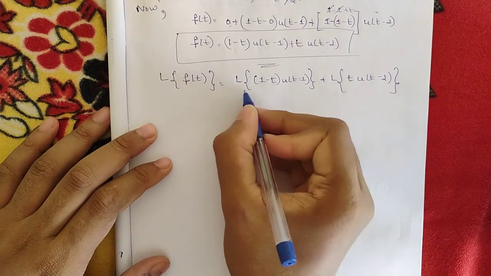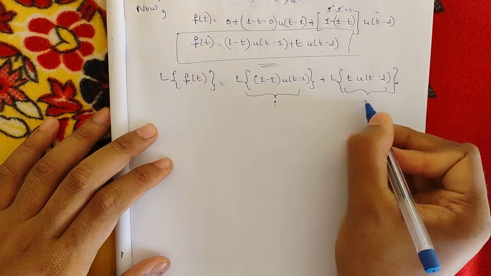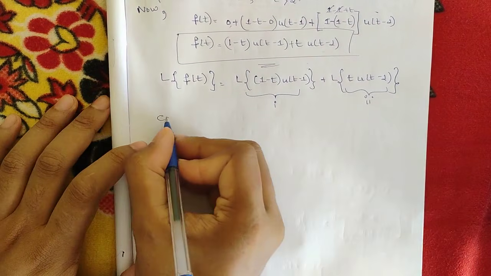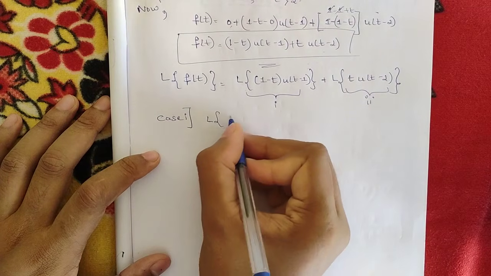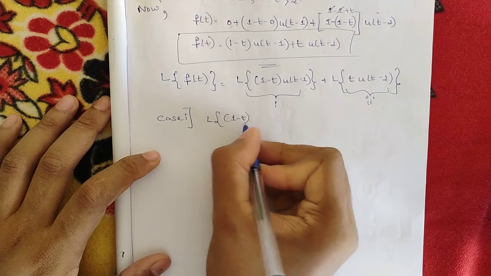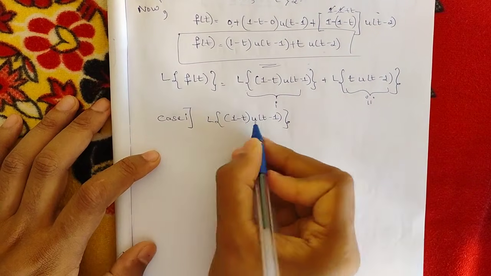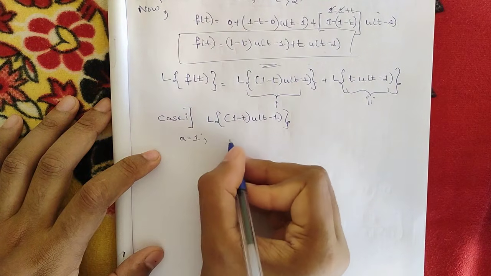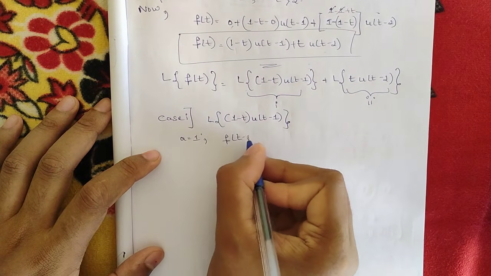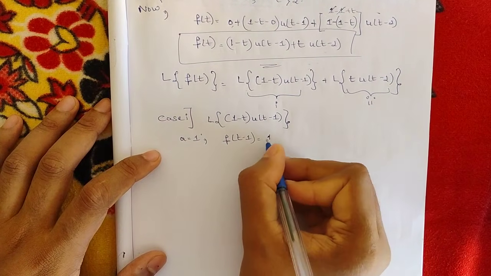So here first case is this part. This is the second case. Okay, case 1: minus t u of t minus 1. Okay, so here the value of a is 1, so f of t minus a, that is f of t minus 1, is equal to 1 minus t.